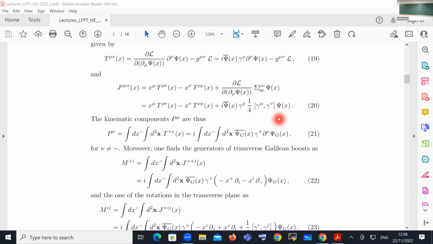So basically, this whole extra term will entirely drop for this particular transverse Galilean boost, and we will have only the orbital-like term surviving.